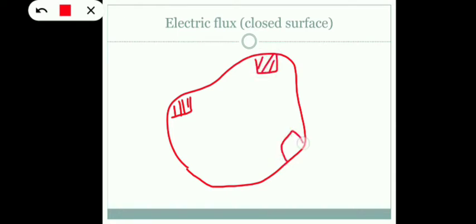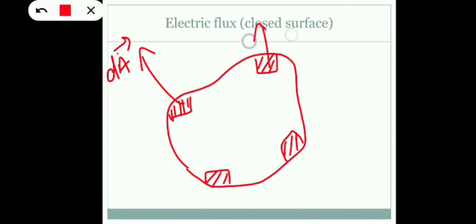Then for each of the area elements there will be an area vector, and that area vector will be normal to the respective area element. So if you consider this particular area element, the area vector will be normal to this element.